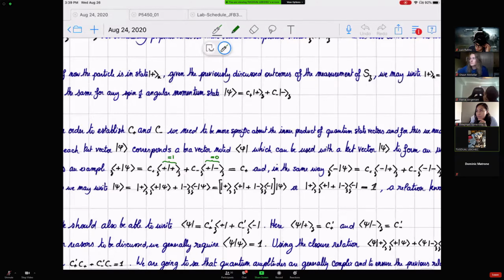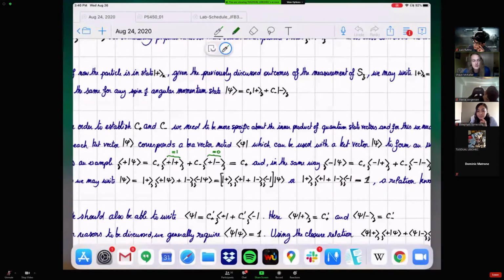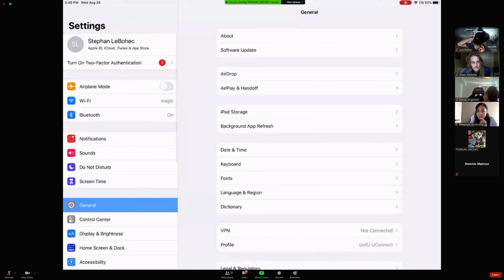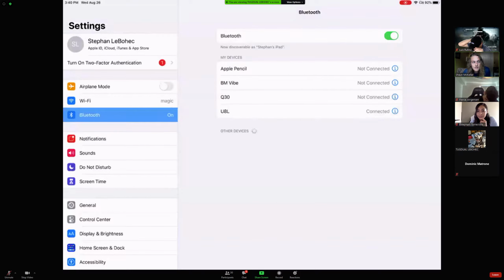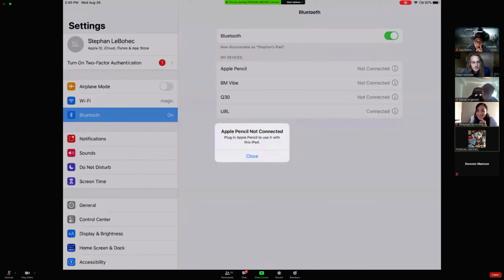Let me try to activate my pen. I find that very frustrating. I'm going to try to sync my pen again. I think to fix your pen, you just should reconnect it on Bluetooth. If it's unconnected in Bluetooth, that would probably be why it's not working. Yeah, it says it's not connected.